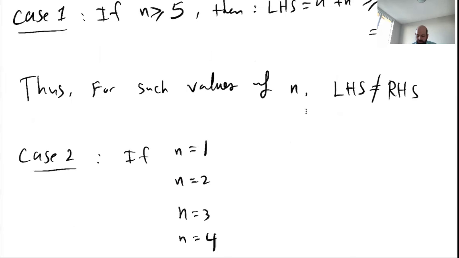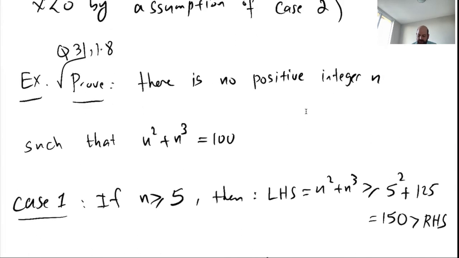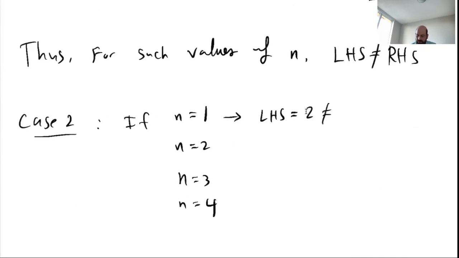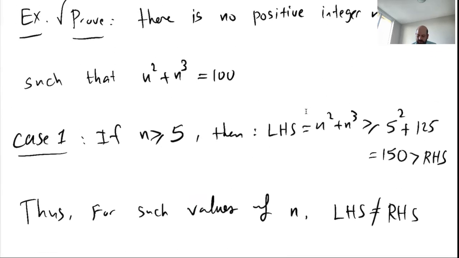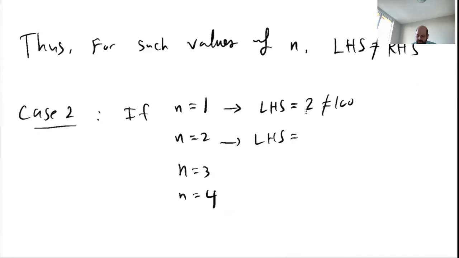So if n equals 1, the left-hand side of this equation, n squared plus n cubed, becomes 2, not equal to 100. If n is 2, the left-hand side becomes 2 squared plus 2 cubed, 4 plus 8 is 12, not equal to 100.